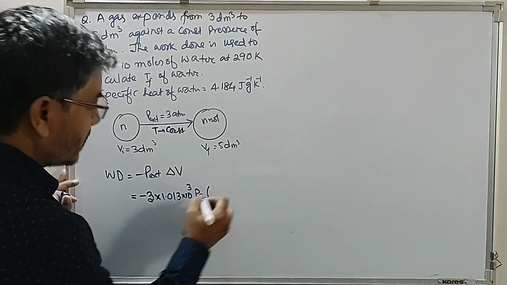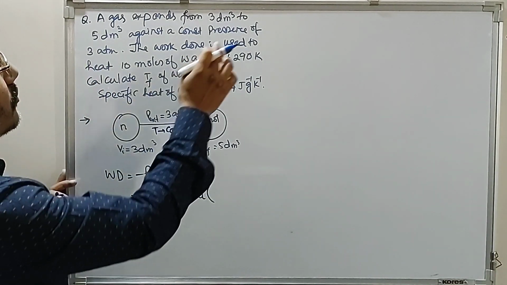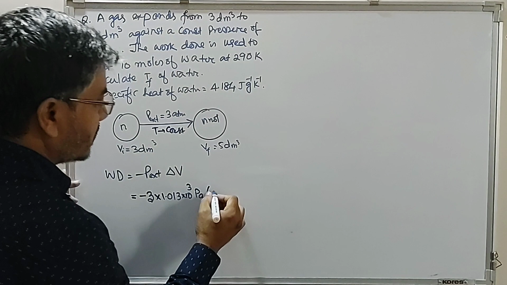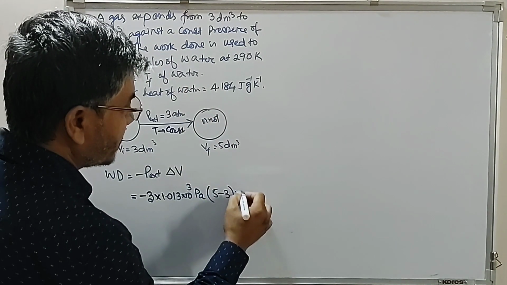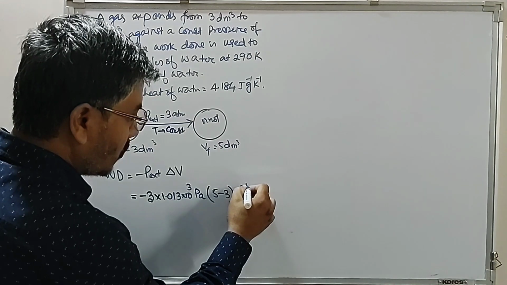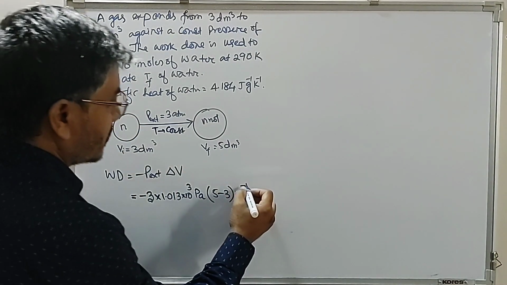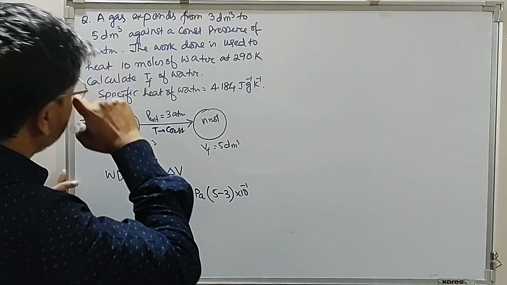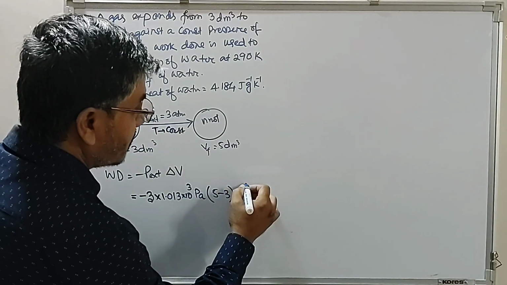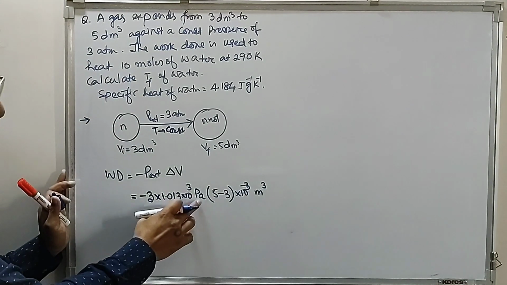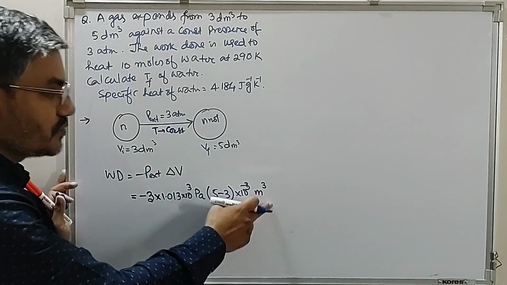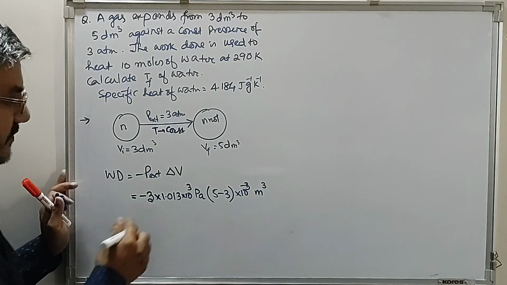Delta V is 5 minus 3, so 2 dm³, and 1 dm is 10 to the power minus 1 meter, so 1 dm³ is 10 to the power minus 3 m³. Pascal is the standard unit of pressure and this is meter cube.